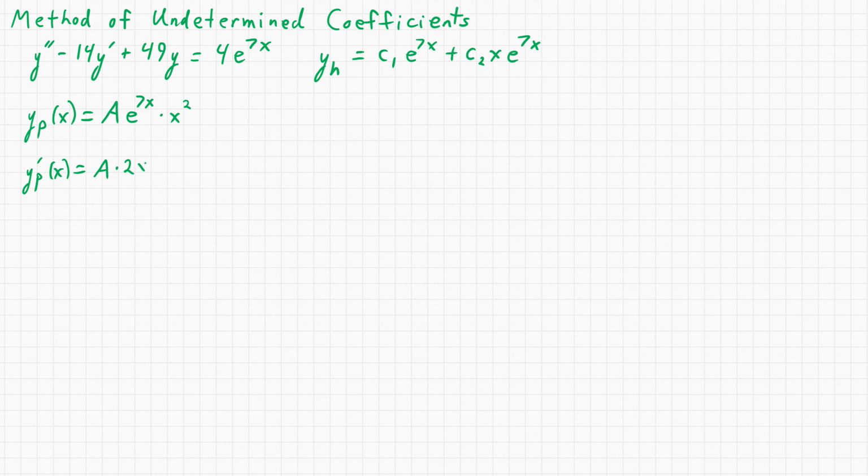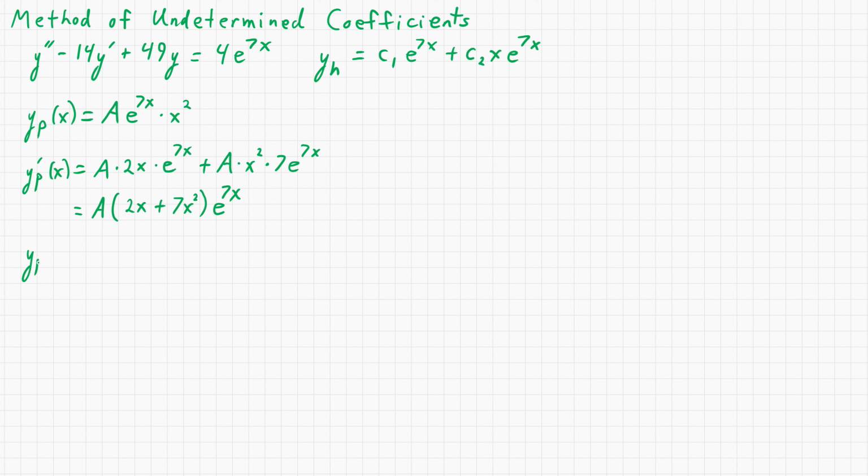So a times 2x times e to the 7x, plus a times x squared from the other half times 7 e to the 7x. Let's simplify that before we go on so we don't have such a headache in the next piece. This is a times 2x plus 7x squared, and that's all times e to the 7x.